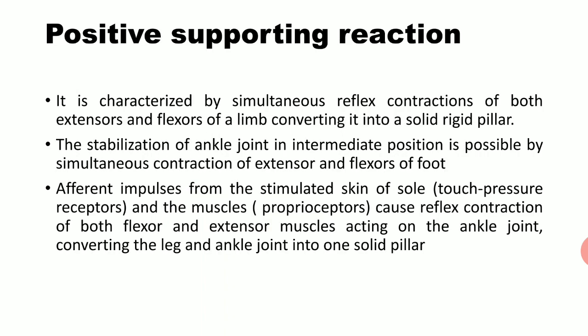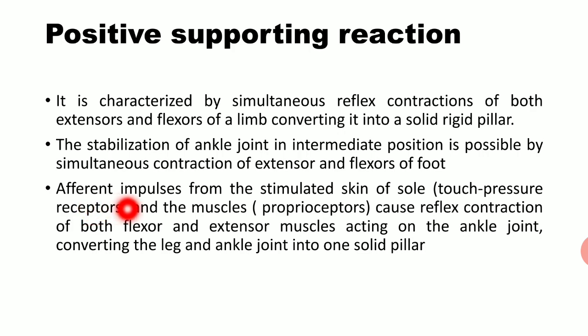Positive supporting reaction is characterized by simultaneous reflex contraction of both the extensor group and flexor group of muscles of a limb, converting the limb into a solid rigid pillar. So the stabilization of the ankle joint in an intermediate position is possible by simultaneous contraction of extensor and flexor of the foot.